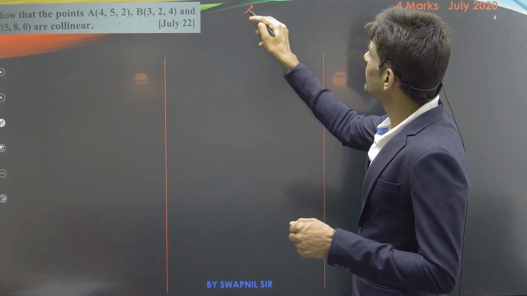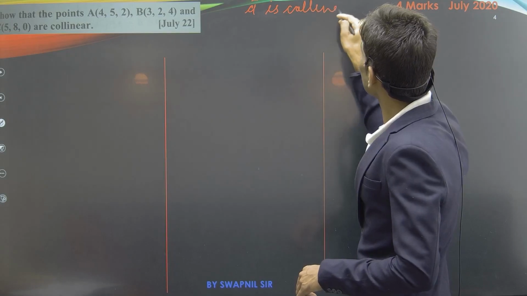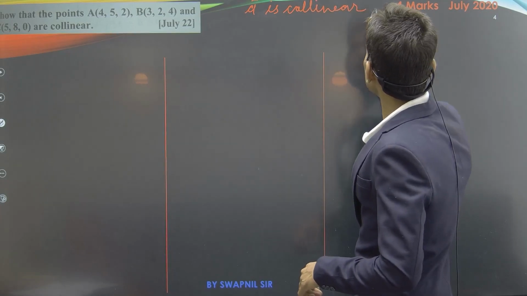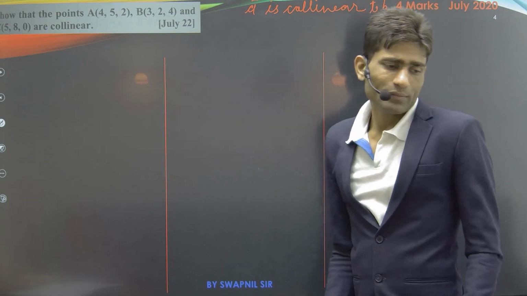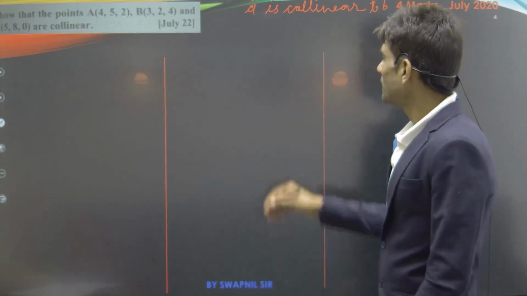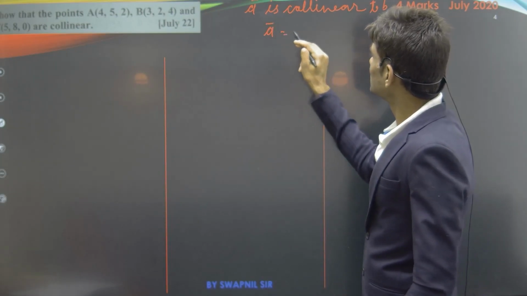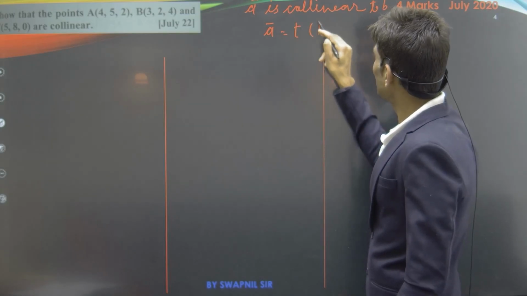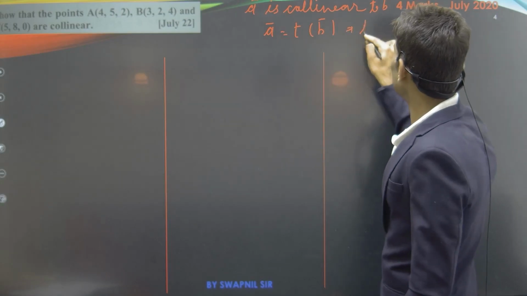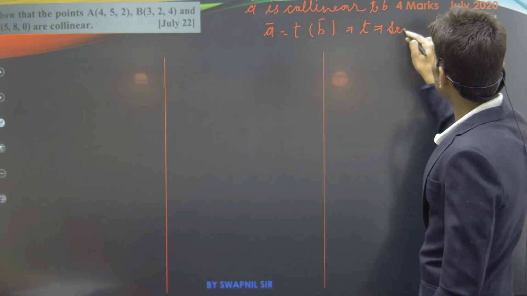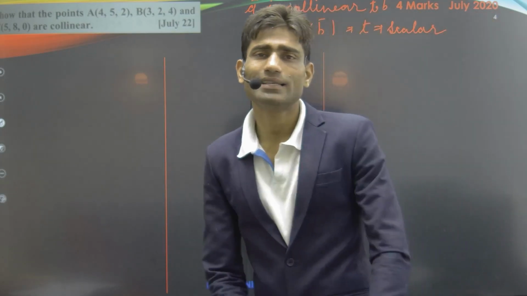If position vector a bar is collinear to position vector b bar, then we write the first position vector as some scalar multiple of the second position vector. That means a bar equals t times b bar, where t is a scalar, and a scalar means we can take any constant.